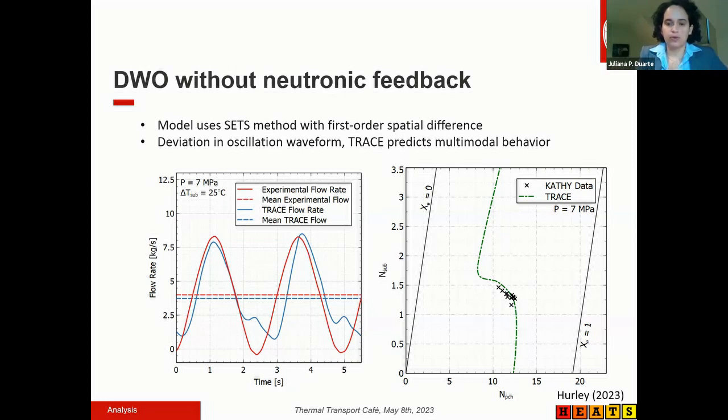And we were able to capture the boundary here. It is very close to the data instability conditions that we define with the phase shift method that I explained earlier.